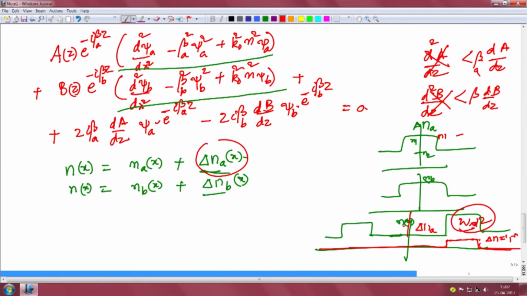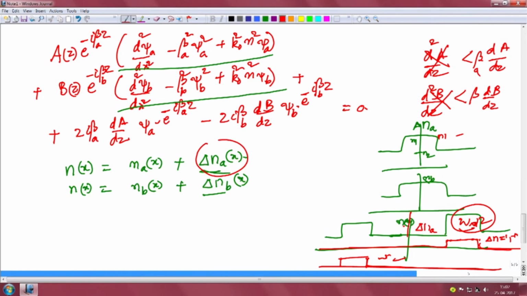Similarly, for delta n B, in the area of n A it is equal to n1 minus n2, and in all other places it is equal to 0. So, this is called the perturbation to n A, and this is the perturbation to n B, and it is occurring only in the area of the other waveguide.